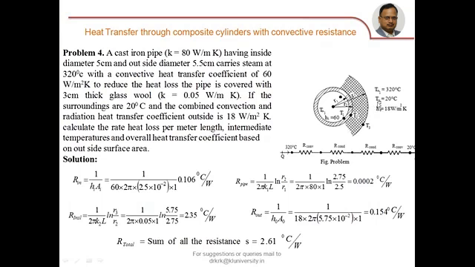And the convection resistance outside is 1 by h_o A_o, 1 by 18, where A_o is 2 pi R4 into L. So once you know all the resistances, you can calculate the sum of all the resistances, R total equal to 2.61 degrees centigrade per watt.